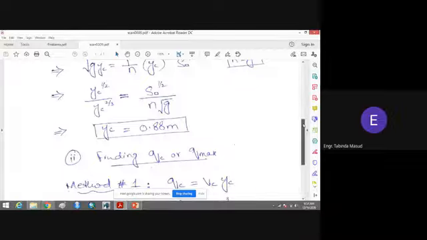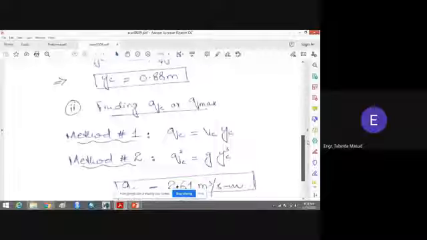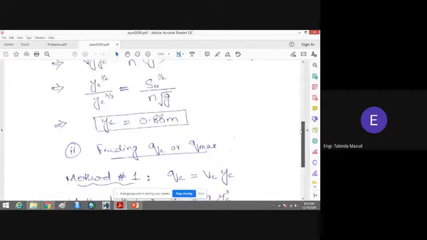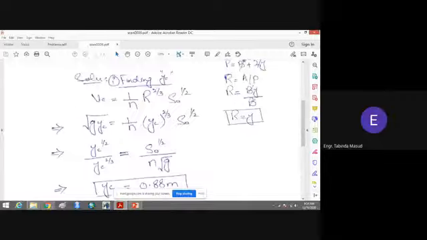The next is to find the critical discharge. For critical discharge, we have two formulas. Qc is equal to Vc into yc. yc is now known to you, that is 0.88. And for Vc, if you want to find the value of velocity, you can again use the Manning equation.